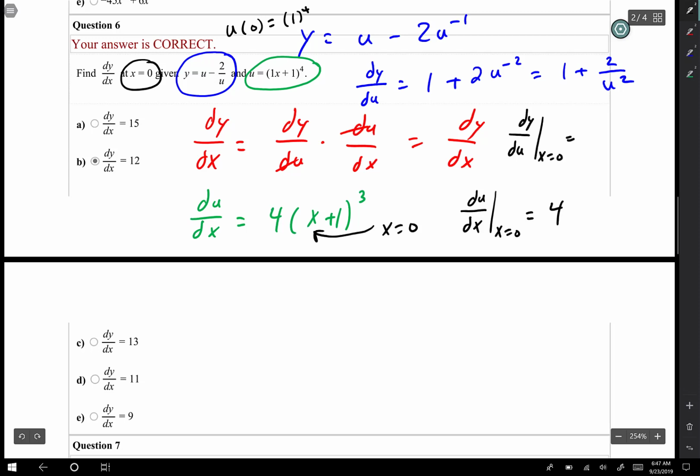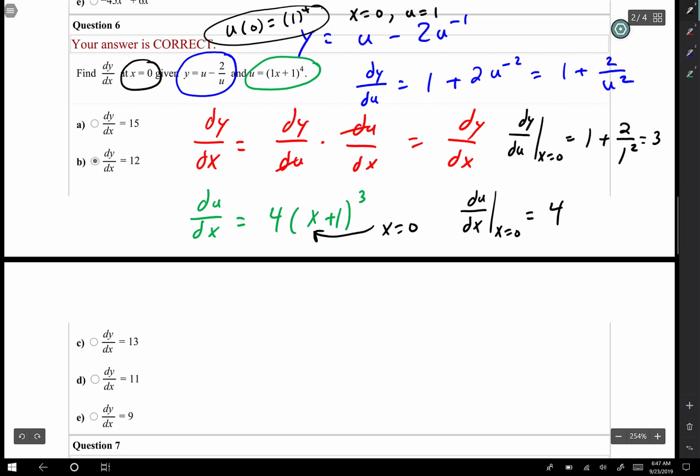Remember that we said that when x is 0, u is 1. That's what this means. So 1 plus 2 divided by 1 squared. So 1 plus 2 is 3.